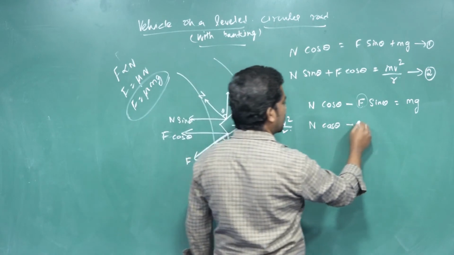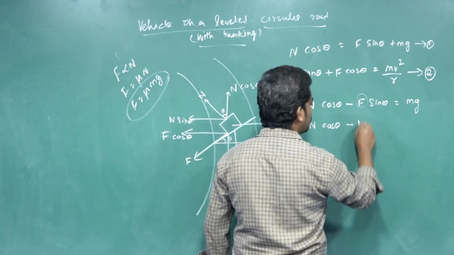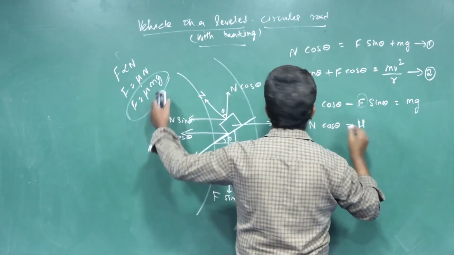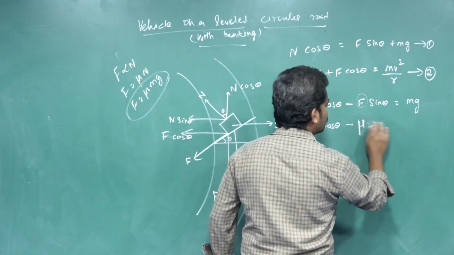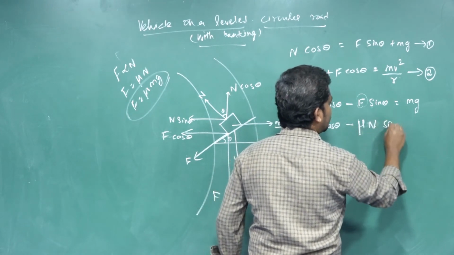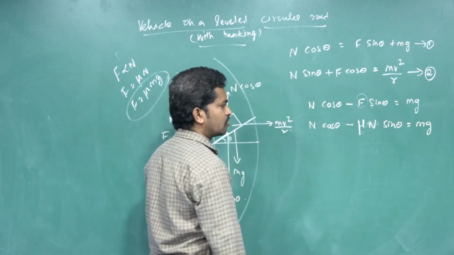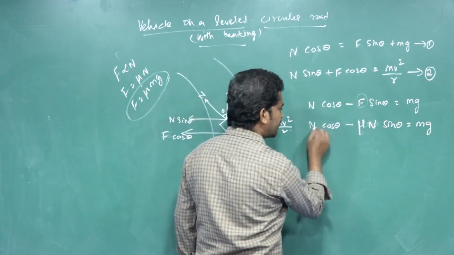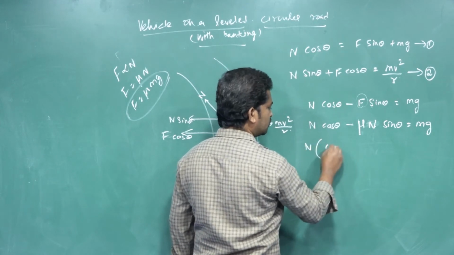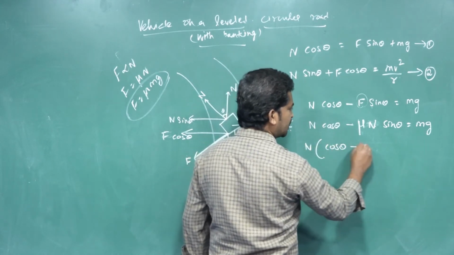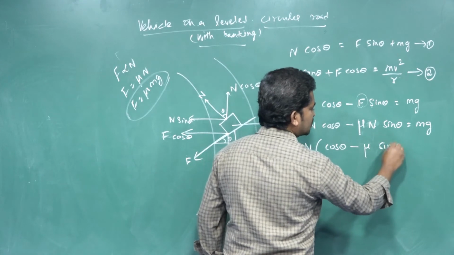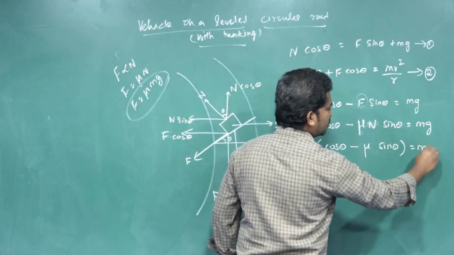So n cos theta minus mu n sin theta equals mg. Taking n as common factor, n times cos theta minus mu sin theta equals mg.